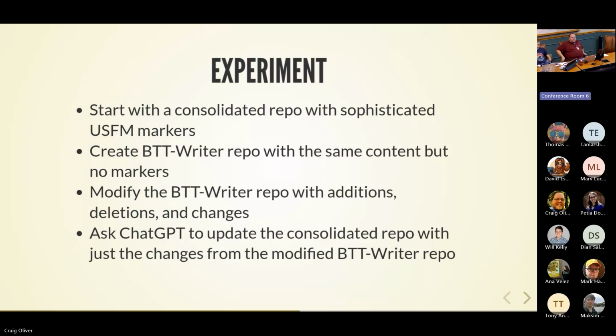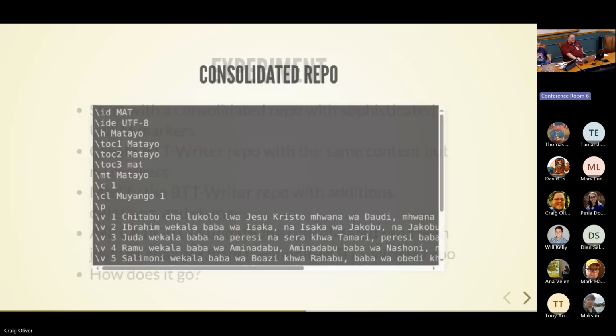So the idea was to present that to ChatGPT and say, hey, do it for us. Figure out what changed in the BTT writer repo and bring it over to Marv's repo, the consolidated repo, and see how it goes. So it turns out, much like Marv was expressing, there's definitely a wrestling act with ChatGPT to understand what I want it to do.